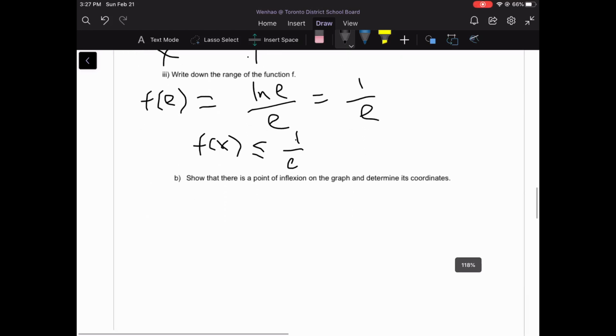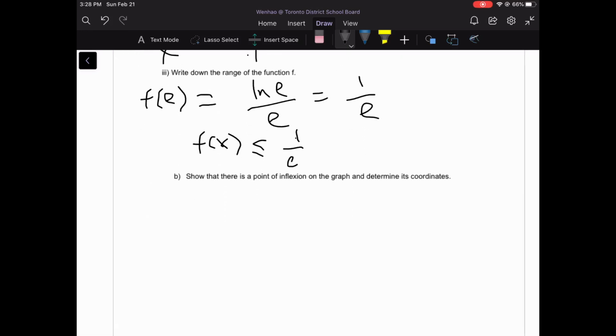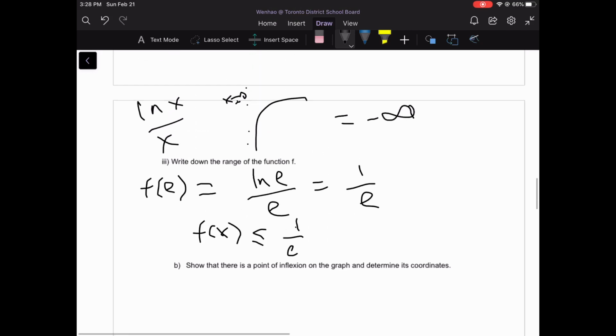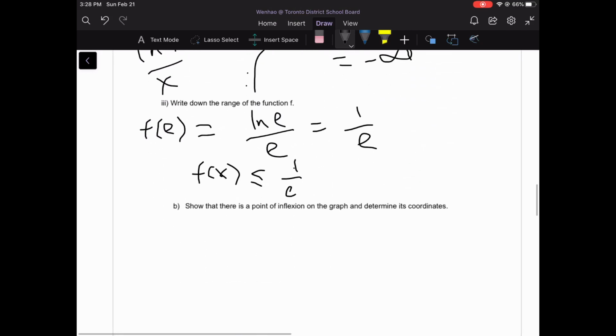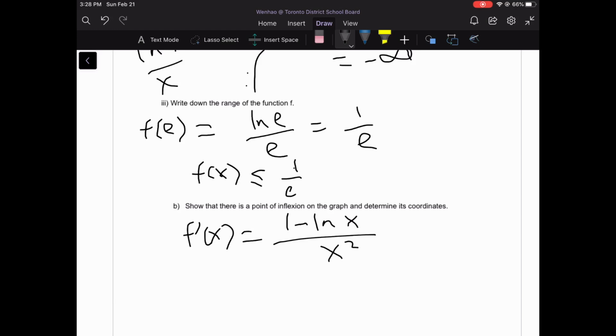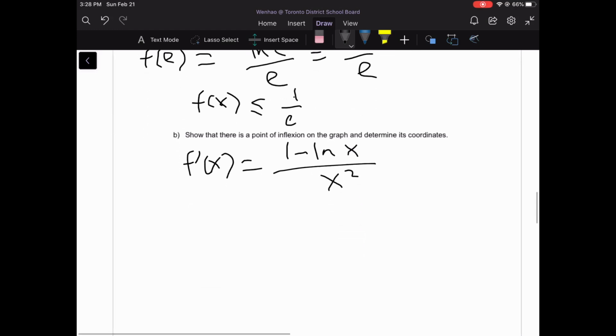Alright, part B. Show that there is a point of inflection on the graph and determine its coordinates. Our equation is f prime of x equal to 1 minus ln x over x squared. To find a point of inflection, we need to find the second derivative, f double prime of x.